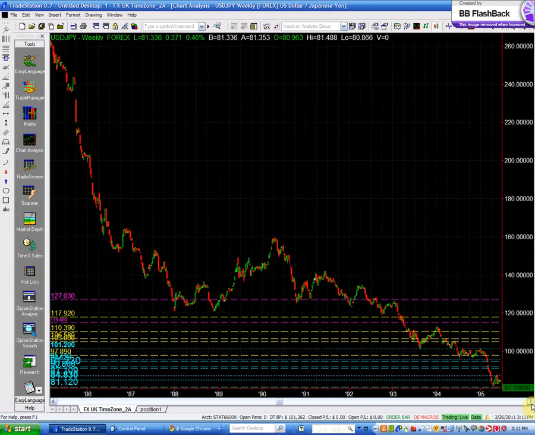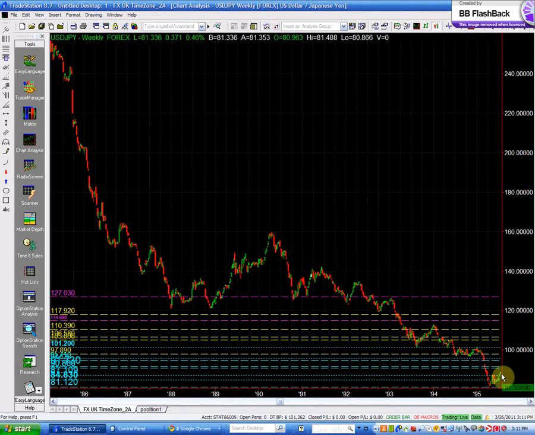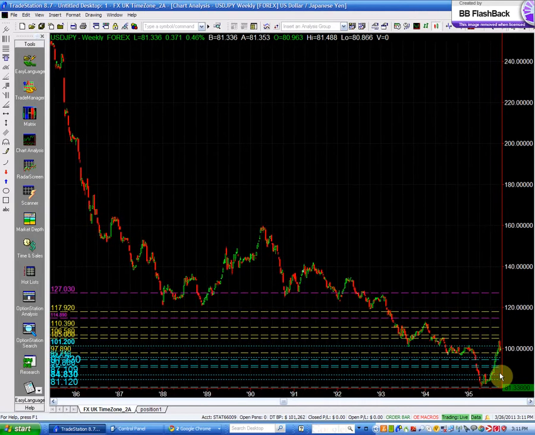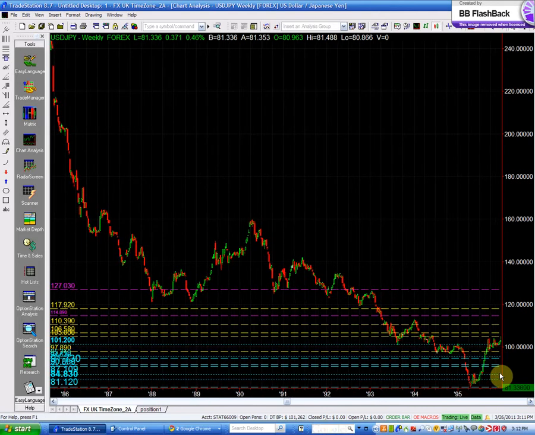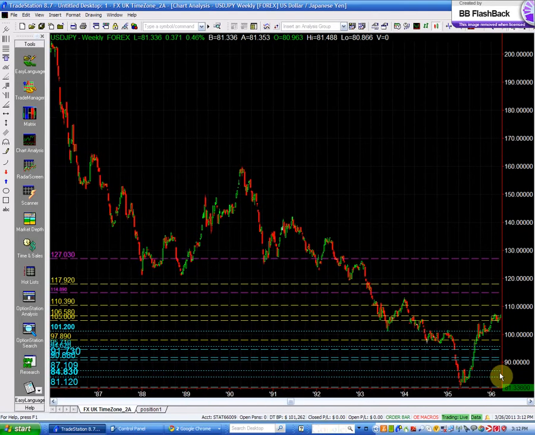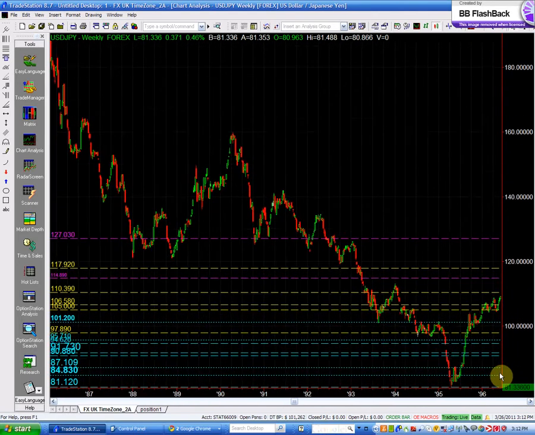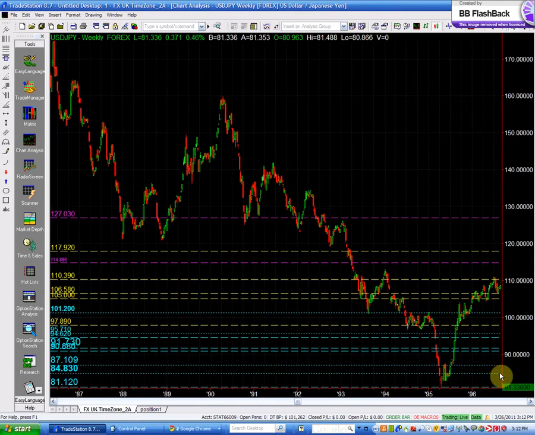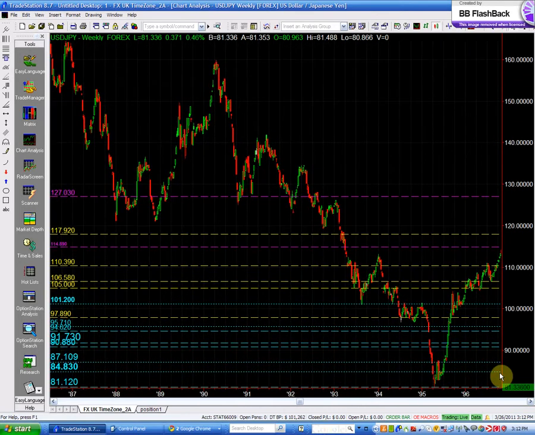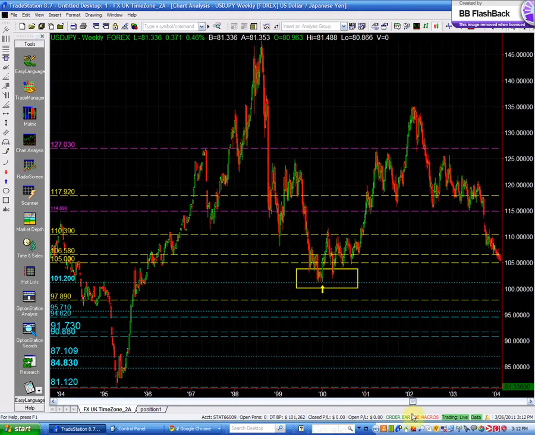This is where it failed, and right there the 87.10 becomes the structural point, and you can see now the move that has followed the 87.10 all the way up to at least the 110, and if not higher. The same thing is reoccurring right now.